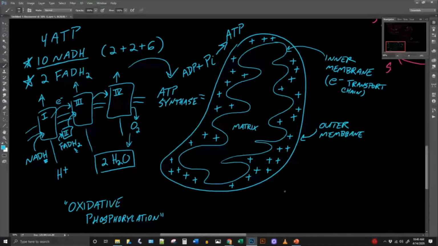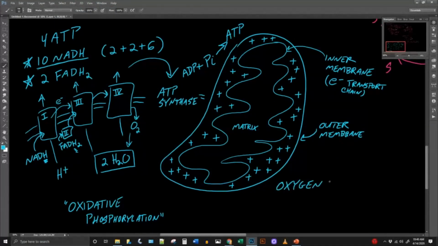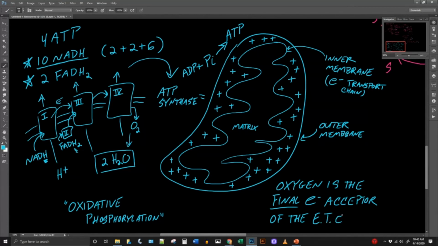Good phrase to remember: oxygen is the final electron acceptor of the electron transport chain.